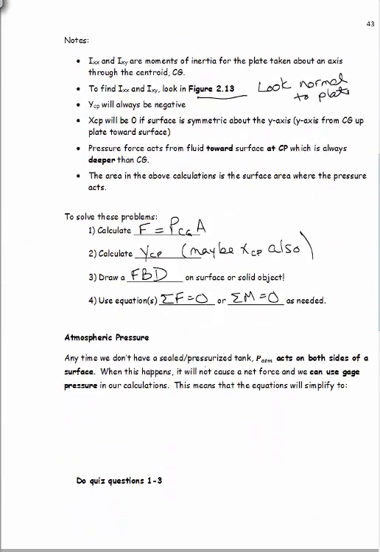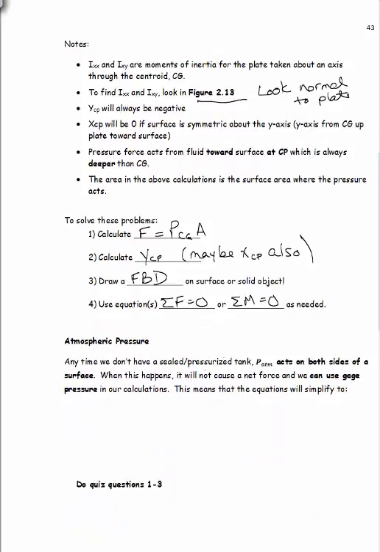Basically, anytime you don't have some sort of enclosed, pressurized, or vacuum tank, that's going to happen. Even if it's going through the ground or whatever, you're going to have P atmosphere somehow acting on both sides of your surface. And when that happens, what you can do is cancel out that P atmosphere in your equations, and you get a little bit simpler equation. So in your magnitude of force equation, that's PCG A, remember?